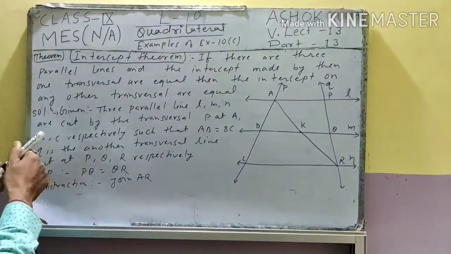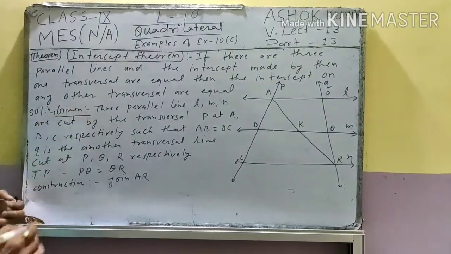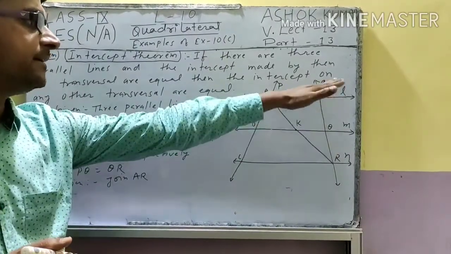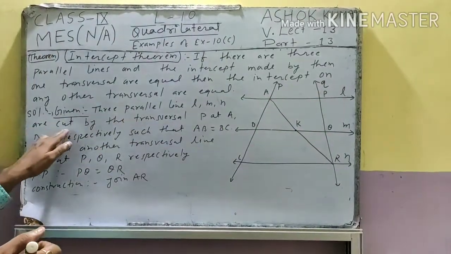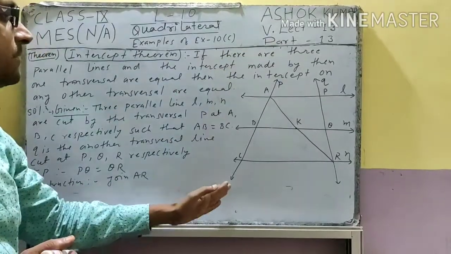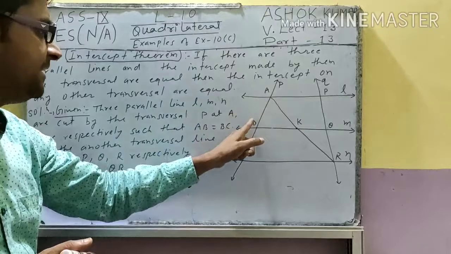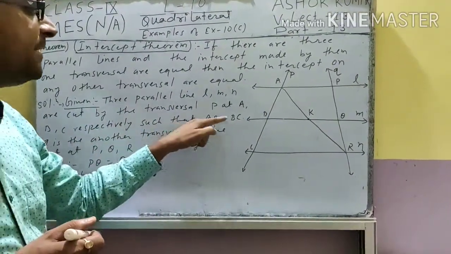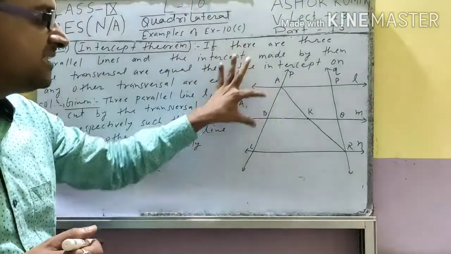Okay, student. So first of all, what is the given information? Three parallel lines L, M and N, already written here, are cut by the transversal P at A, B and C respectively, such that AB is equal to BC.